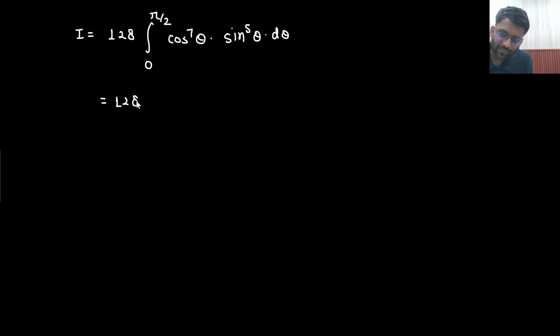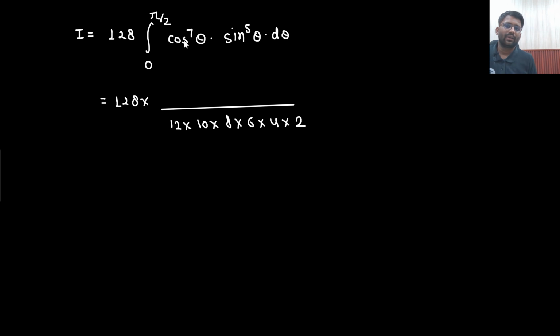So 128, multiplication divided by 7 plus 5, which is 12 into 10 into 8 into 6 into 4 into 2. On the upper side, 6 into 4 into 2 into 1, and 4 into 2. Both are odd, that's why multiply with 1. So just solve this one.